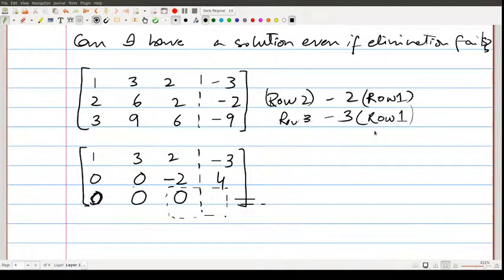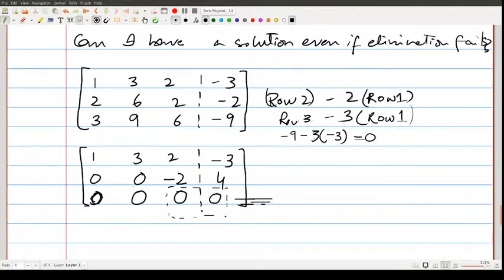And what do I get at this point? I get 0 here, 0 here, 0 here, and at this point I get minus 9 minus 3 times minus 3, which gives me a 0. And so this is a 0 here.